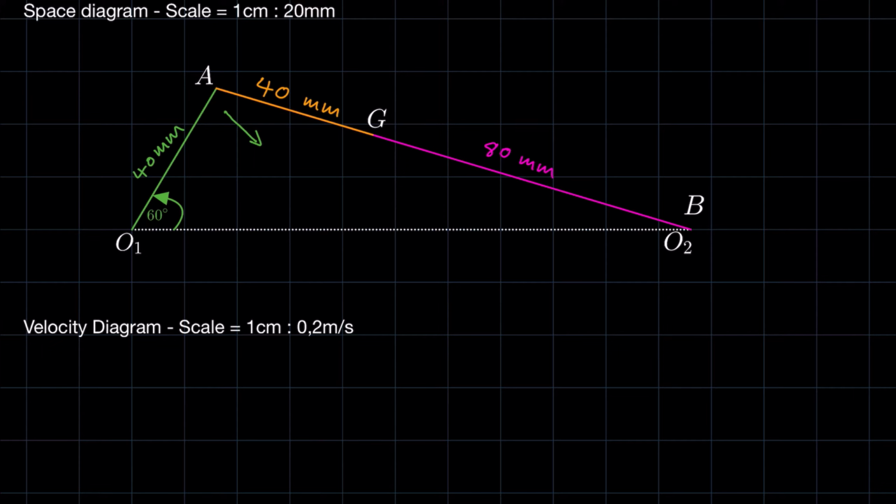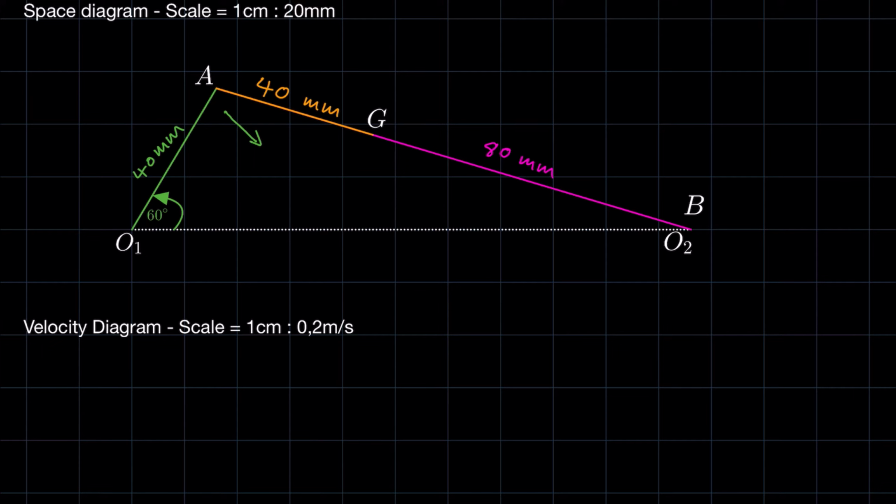So once you've established the direction of your velocity vector for the crank, it gives you a sense of how your velocity diagram is going to be shaped, which then indicates where to place your fixed point.